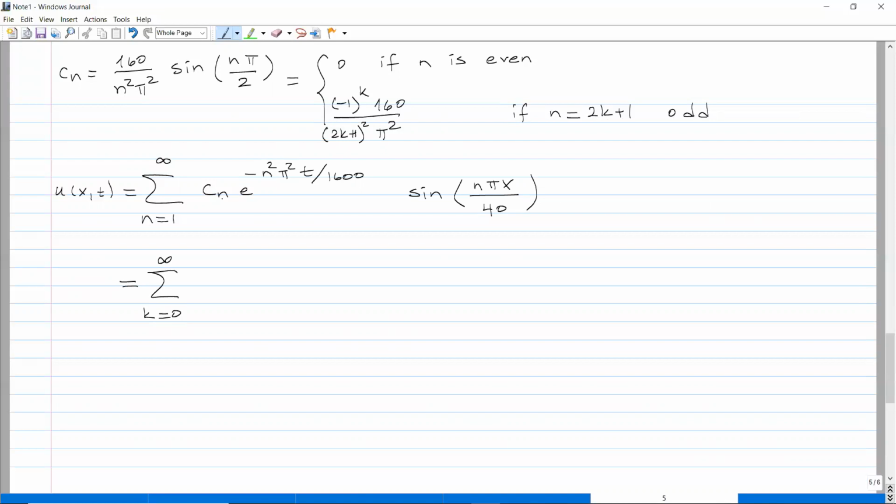We have the coefficient c_(2k+1) given as minus 1 to the k, 160 over (2k plus 1) squared pi squared. E to the power minus, for n, we take 2k plus 1.